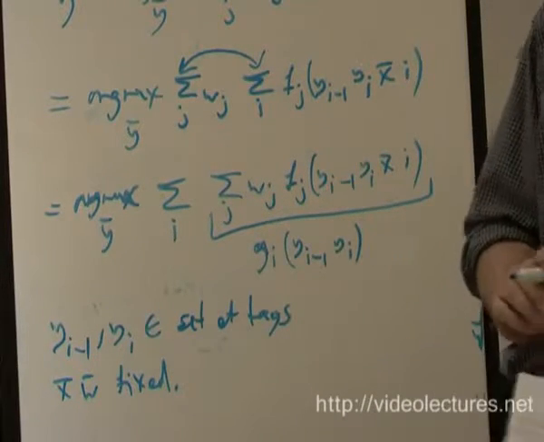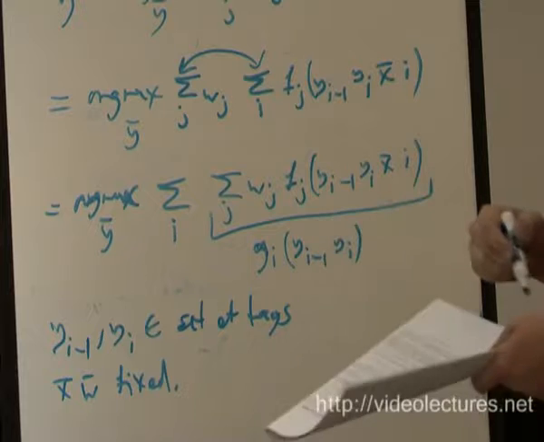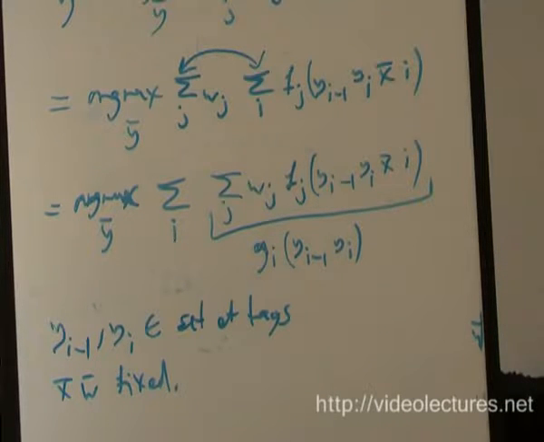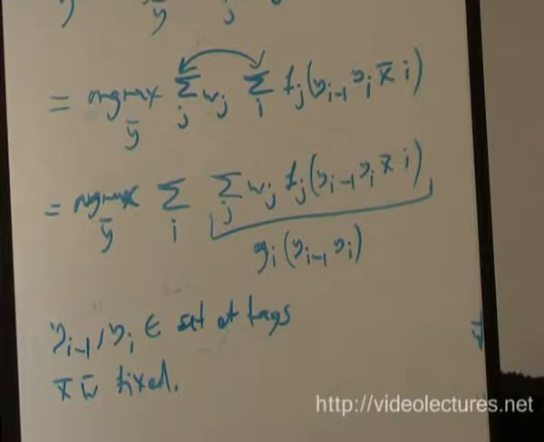So this function gi, remember I'm trying to derive an algorithm, and algorithms depend on data structures. So what data structure can I use? What's the simple data structure that I can use to represent the function gi?